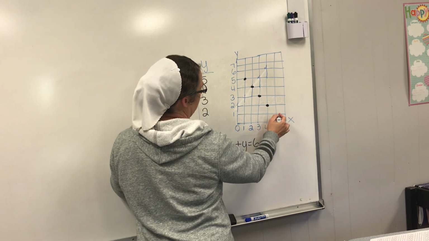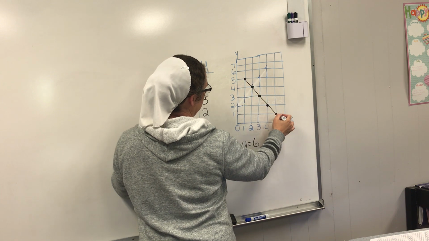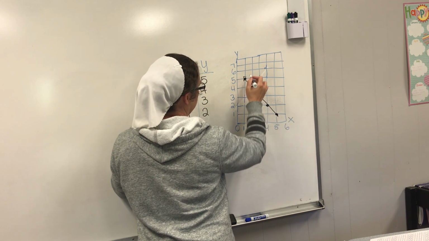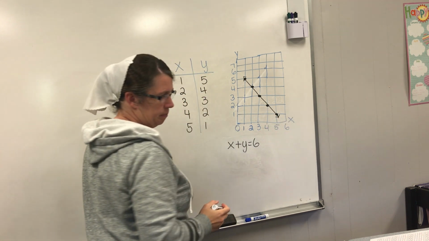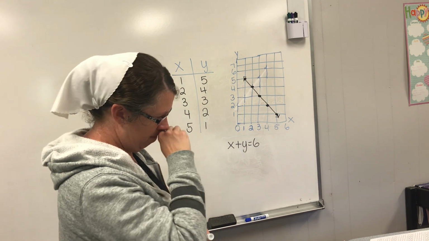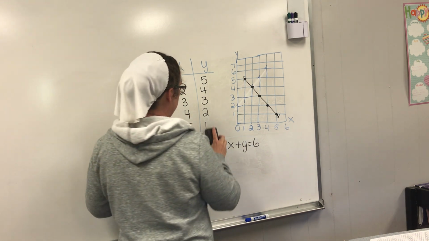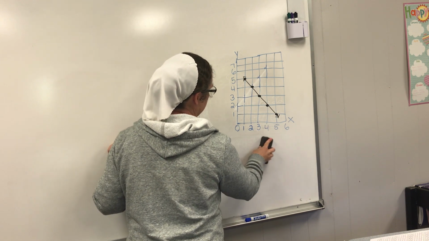X is 5, y is 1. Draw your line, put you some arrows. That's kind of a sad arrow there. All right, that's that one. Let's go to the next one yet. I'll start it for you and then I'm going to let you guys finish it.